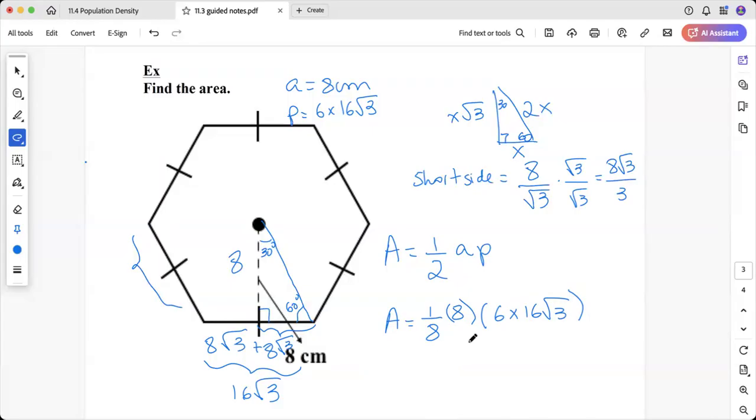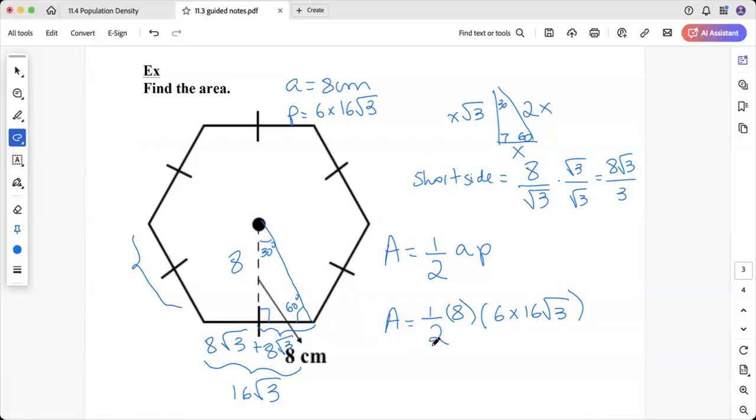When I put all of this in the calculator, why did I put 1 over 8? It's a half. There you go.